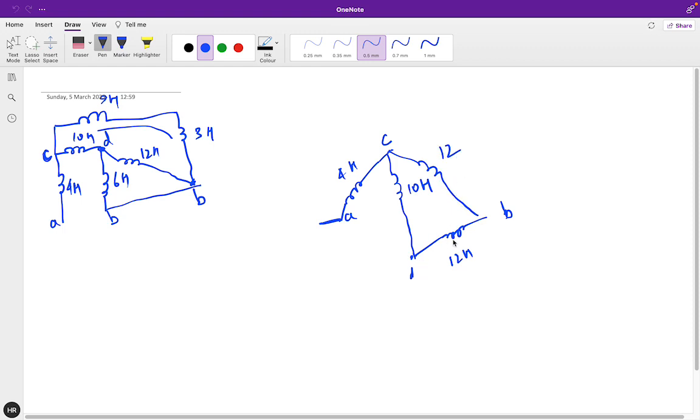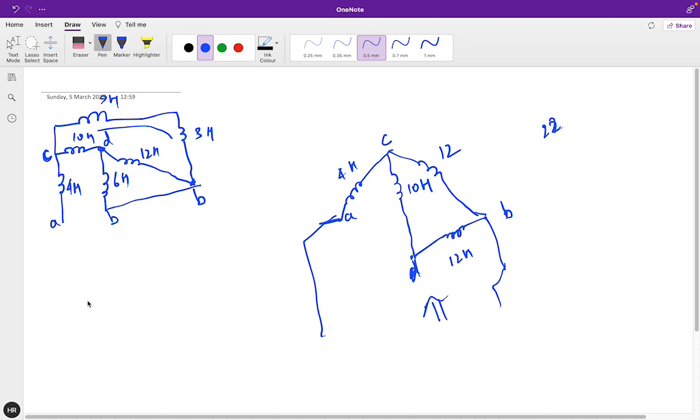So this particular we are getting like this, this is C to B. So this 12 and 10 are connected in series, so it will be 22.